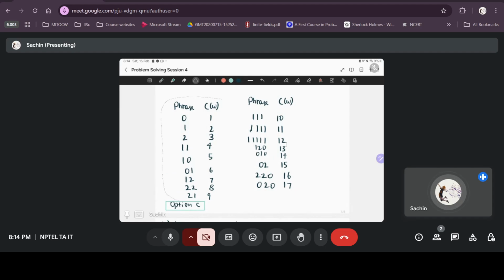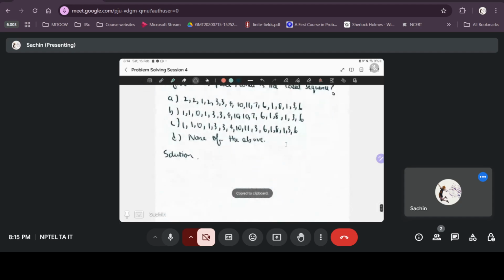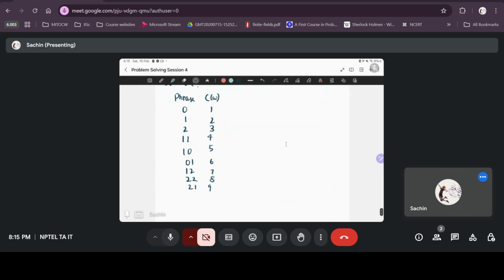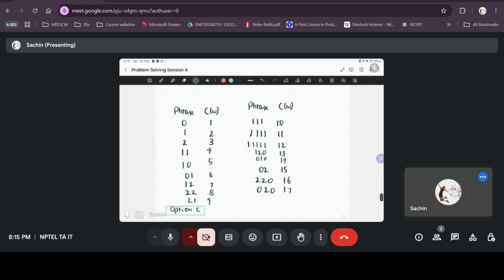So the dictionary contains only 12 code words. That means it only goes up to here.